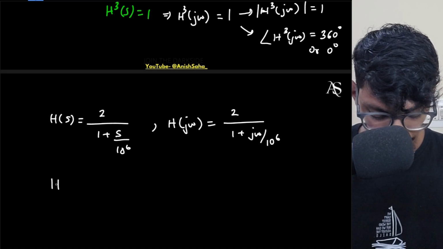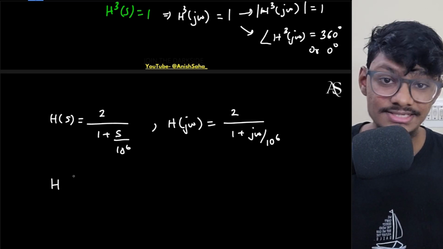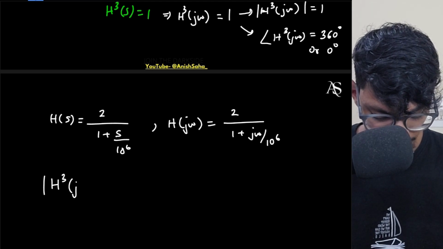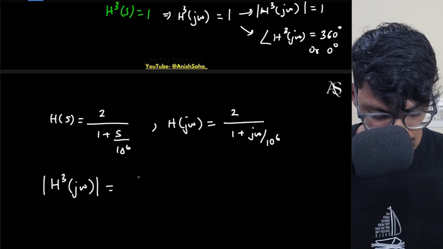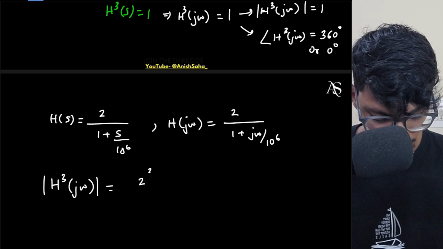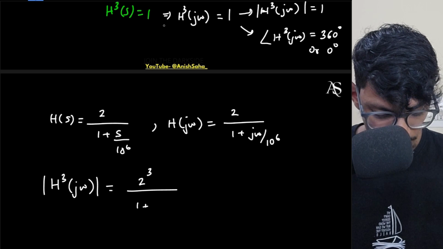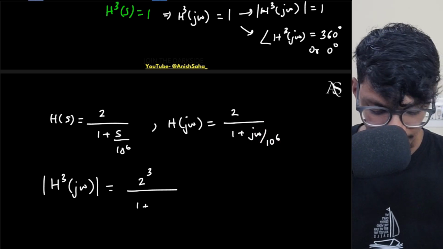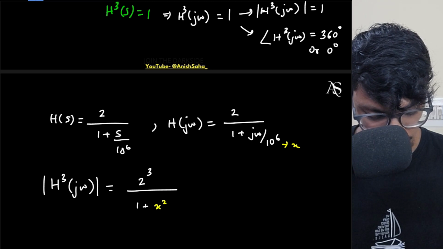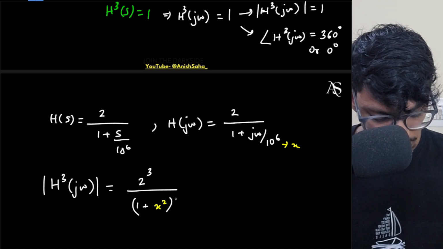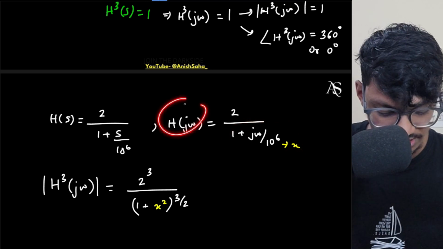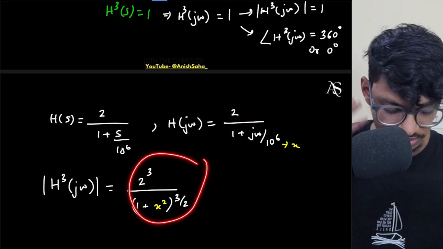Now, if I want to find the magnitude of H cube of s, that will be simply the magnitude of H cube of j omega. It will be 2 cube divided by, for now, I will assume this particular variable as x, for my simplicity. It will be the square root of 1 plus x square, whole raised to power 3, because I have to take the square root to find the magnitude of this single function and then I will cube it, right? So that's the cube part.